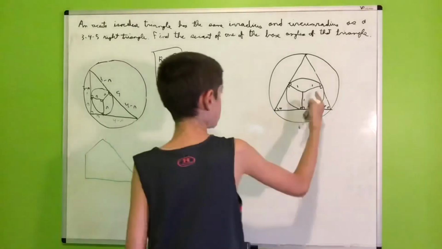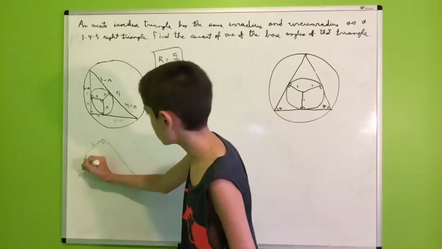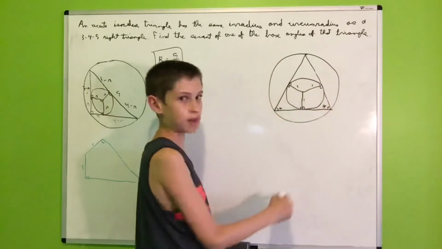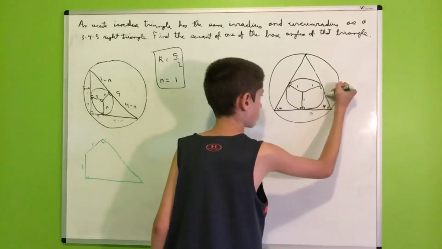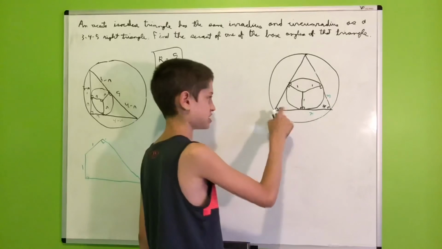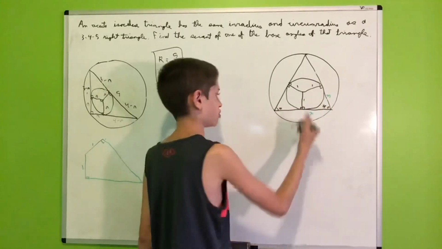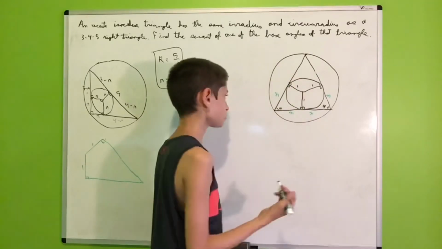Okay, so we know that this is a right angle, this is a right angle, this is 1, and then we know that by the principle of equal tangents that this is equal to this, so let's call them both n. And also by the principle of equal tangents, this is equal to this. But since those two quadrilaterals are the same, these will also be n.